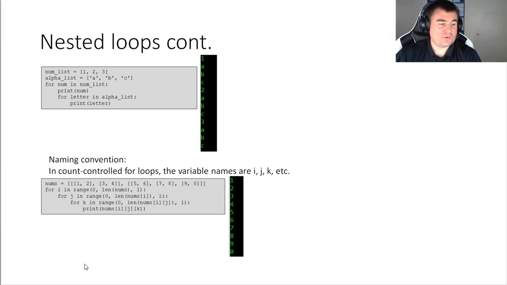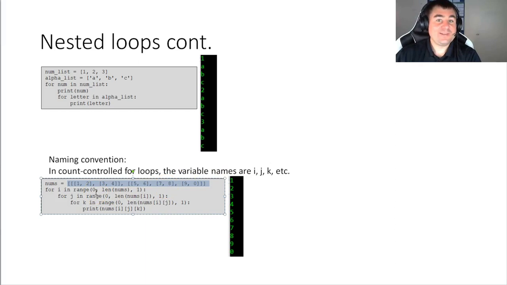It's your count controlled for loop. So for the first variable, for the very outer loop, it is I. You always use I just because, again, convention, you should stick with conventions unless you have a very good reason not to. Then, if you have a nested loop under I, the next variable you choose is J. So for I in range of, now you will see this is not only a list of lists.